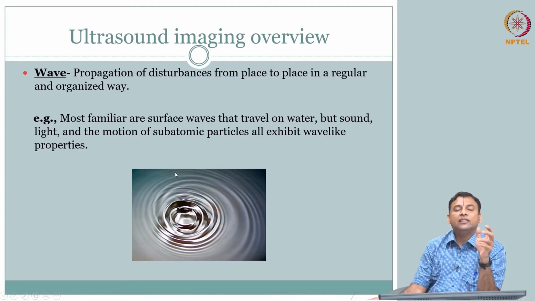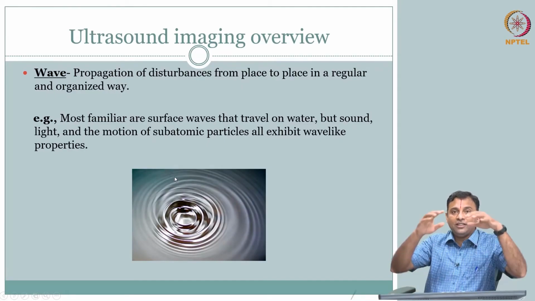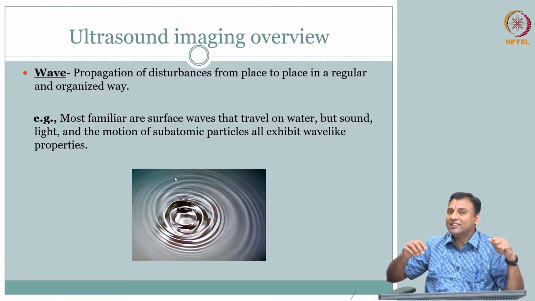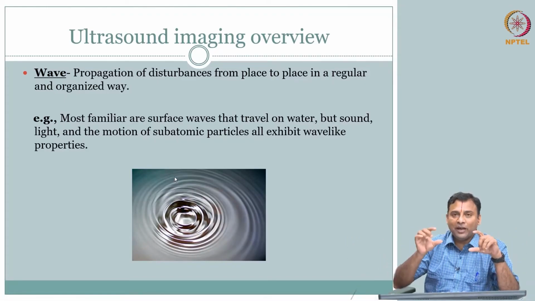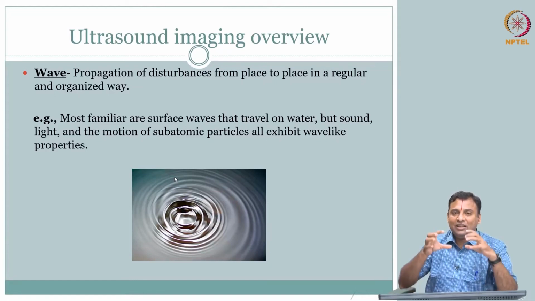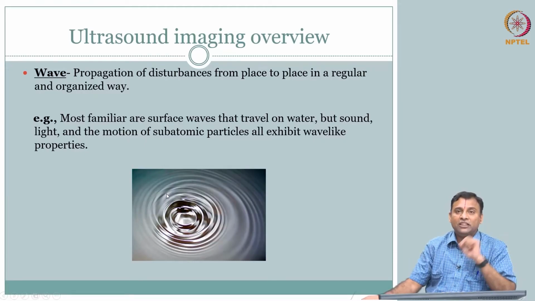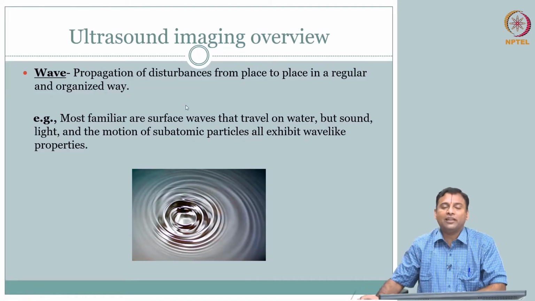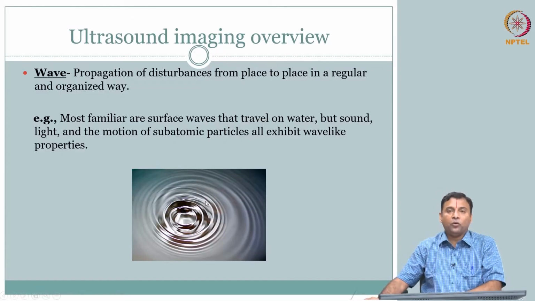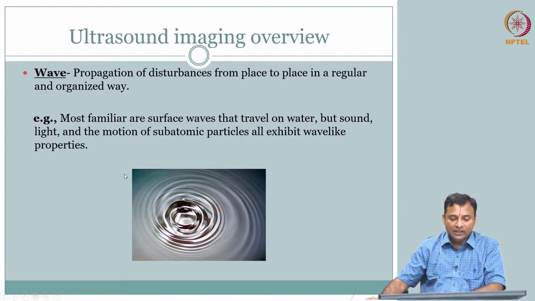But the beauty is that not only do we see the waves moving, we are engineers, so we will be able to write a mathematical equation and communicate this wave in terms of that equation. That's why regular and organized helps us. Essentially it tells you that you can come up with a mathematical equation to describe this, but you know what a wave is. So let's jump in a little more.